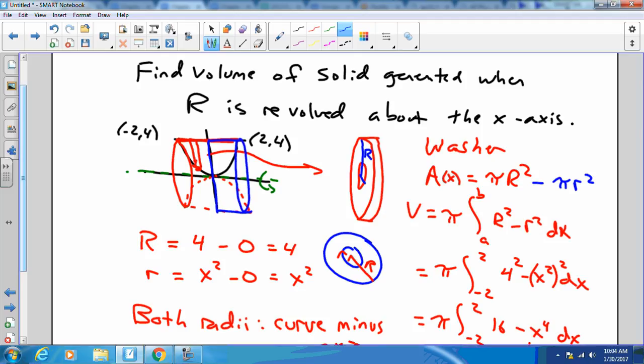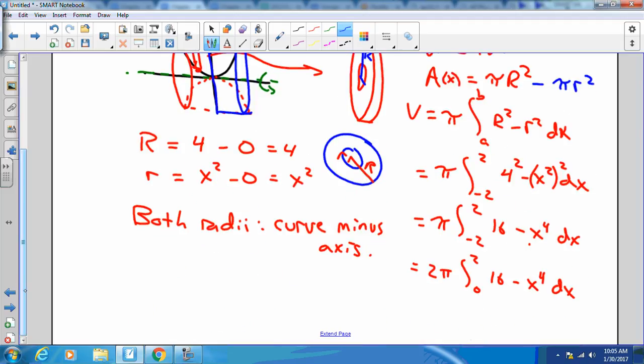That reflects that my actual shape is symmetric, and that the volume of my shape from 0 to 2 is identical to the volume of my shape from -2 to 0, so I can just take half of it and multiply by 2. And what that does for me is it helps me not have to deal with so many negative values in here. So this is a frequent and highly recommended technique.